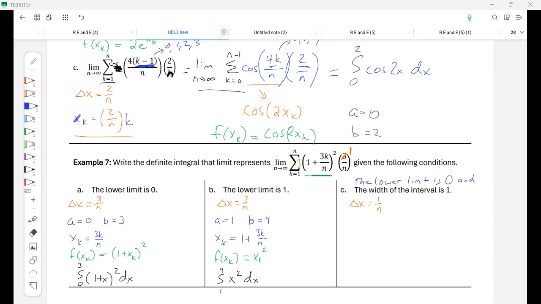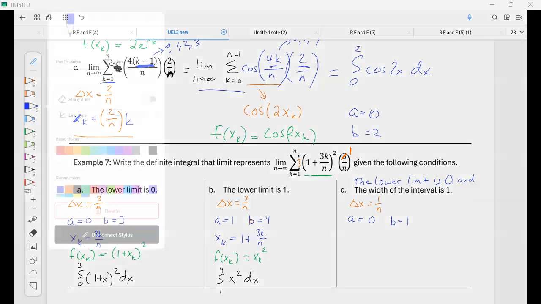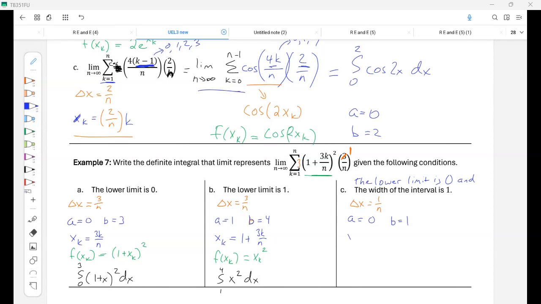So in this case, my a was locked in as 0, and my b is going to be 1, because the width of my interval is 1. My xk is k over n. And now probably the hard part about this example is, what's my f of xk?